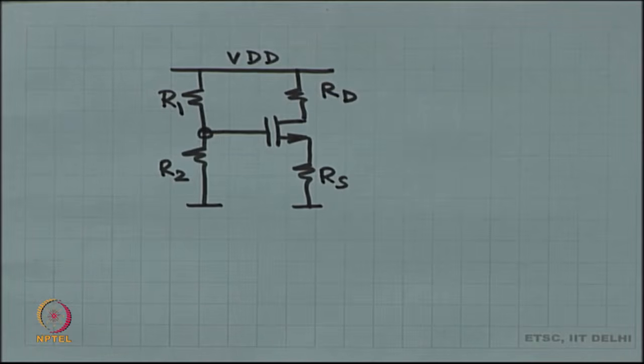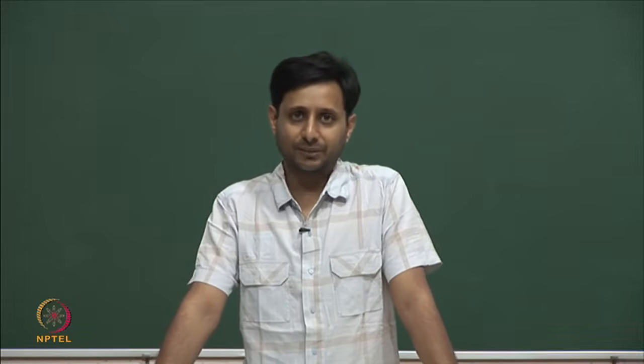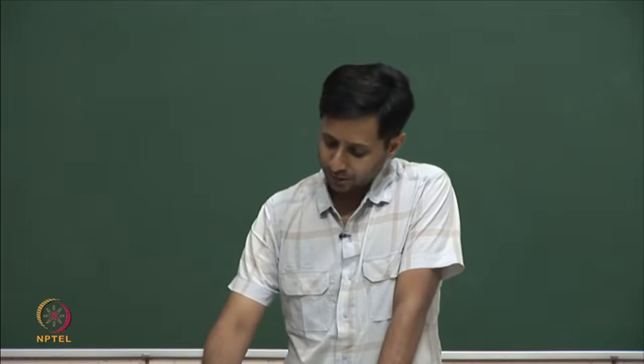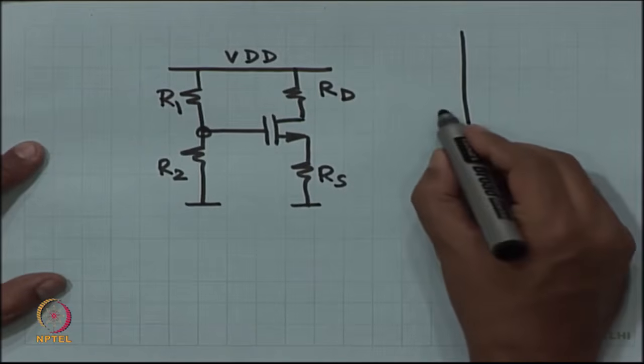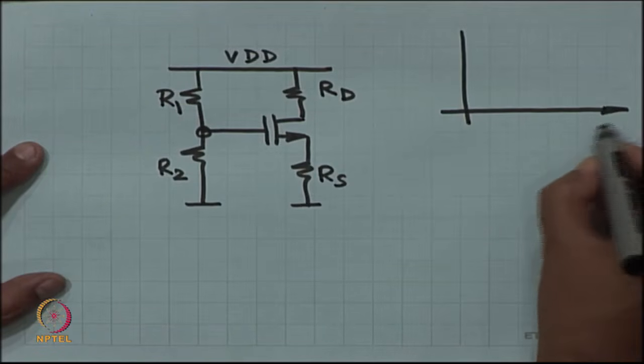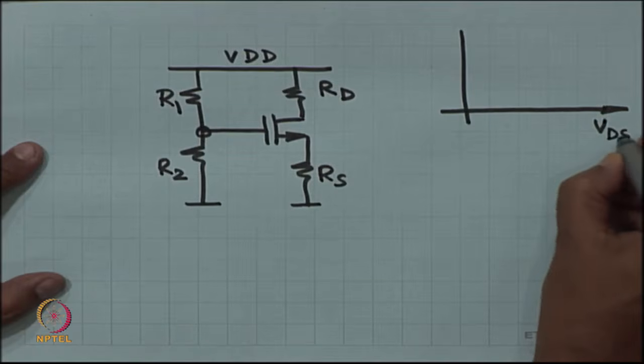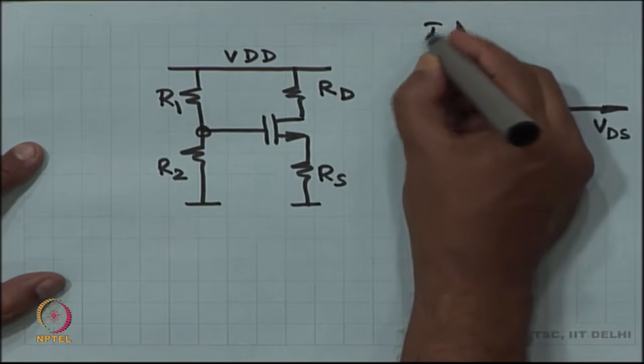The objective of the biasing or the DC operating point exercise is to make sure that VDS is greater than VGS minus VT. That is an important objective of this entire exercise. Once you have established the DC operating point in a way that VDS is indeed greater than VGS minus VT, now you know that in the MOSFET characteristics, I have VDS and I have ID.